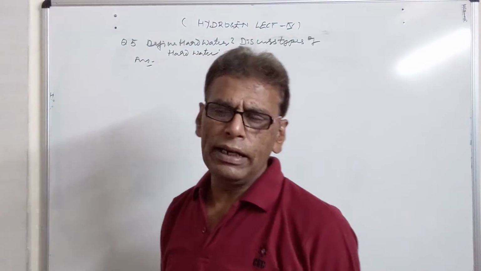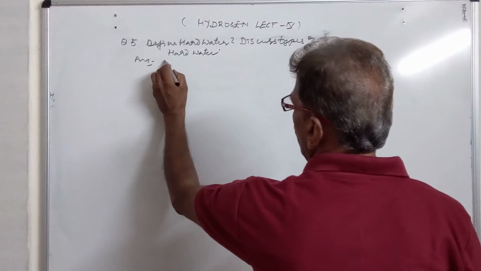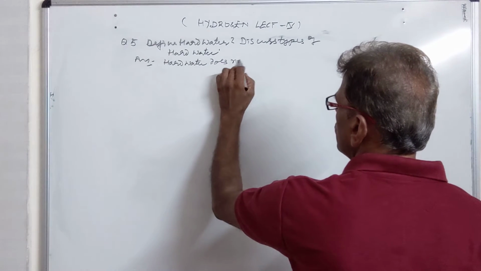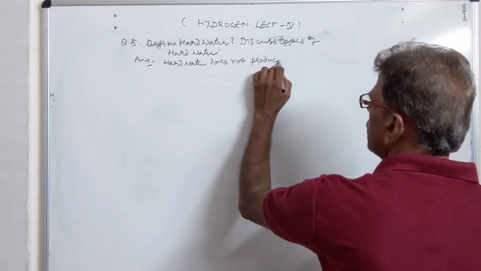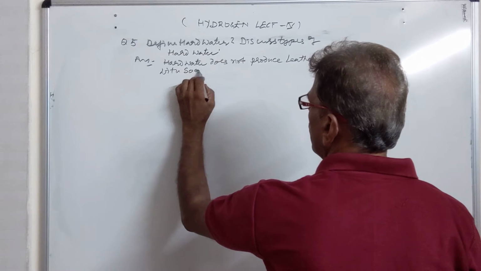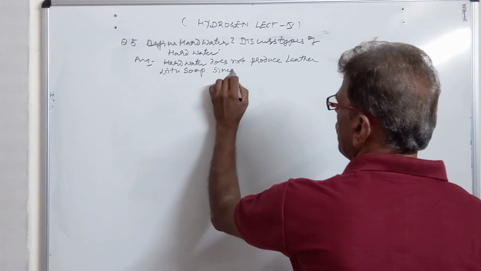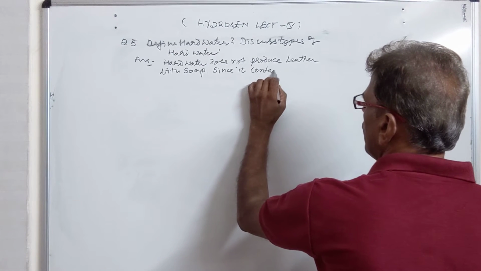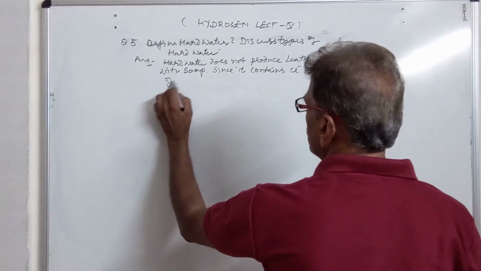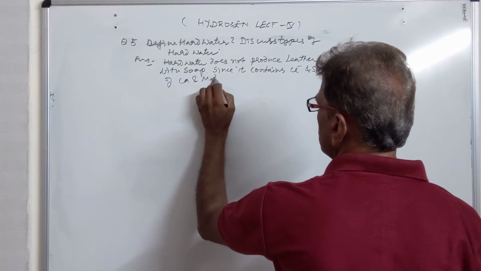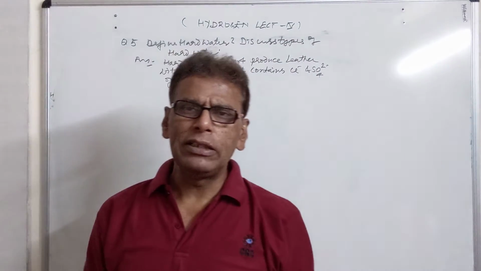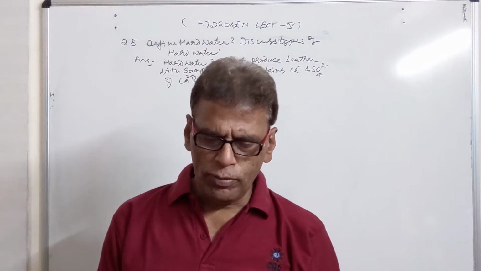That sample of water which contains chlorides and sulfates of calcium and magnesium ions does not produce lather with soap, since these ions produce precipitate with our detergents or the soaps.